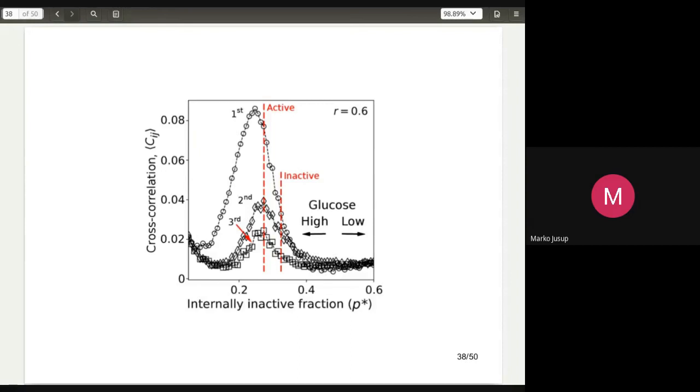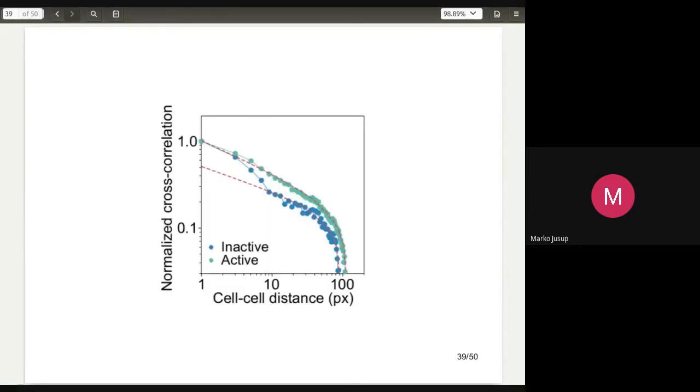But we should also see that as glucose concentration increases and reaches this threshold, the correlations really jump up. So the correlation should be considerably stronger in active phase than in inactive phase. And when we look at empirical signals, it is precisely what we get.